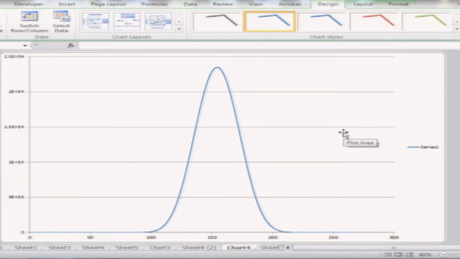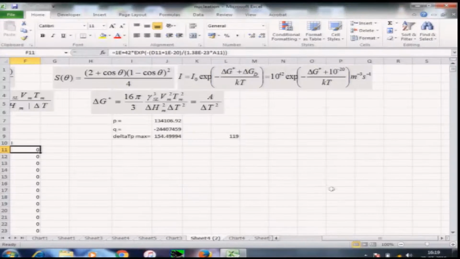Well, this increase can be explained on the basis of that as the temperature is going down, the nucleation rate equation, if you see, and I can show it right here, delta G star starts to drop. The barrier to nucleation is going down, and hence the nucleation rate is going up.